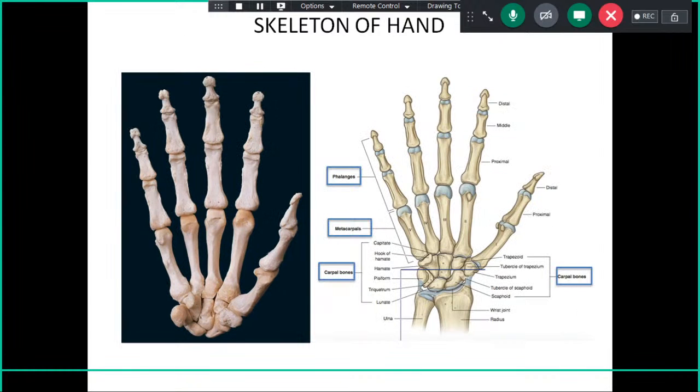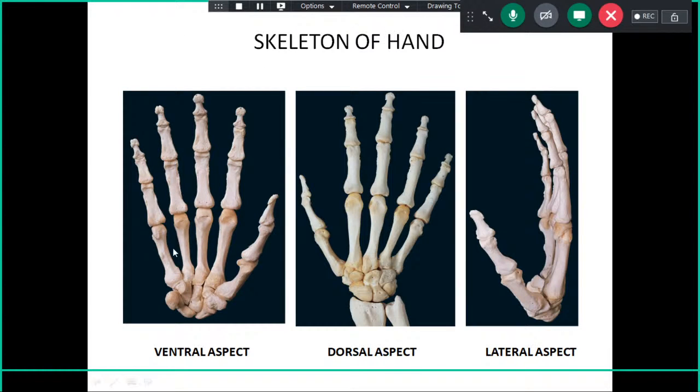Appreciate that from the ventral aspect, this is the tubercle of the scaphoid, this is the tubercle of the trapezium, and this is your pisiform and the hook of hamate. They form the ulnar prominence here, and on the radial side, the radial prominence is formed by the tubercle of scaphoid and the tubercle of trapezium.